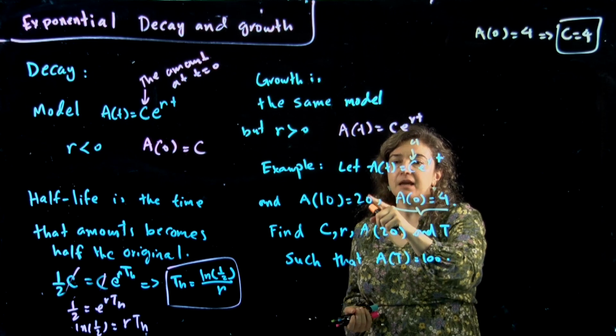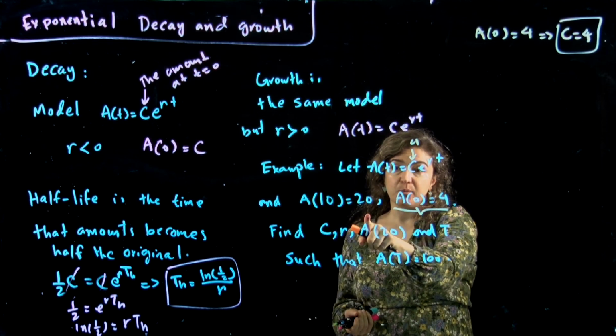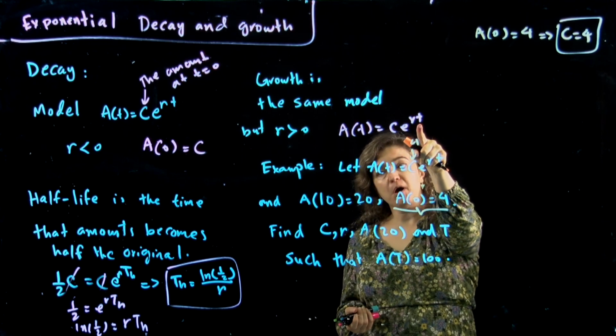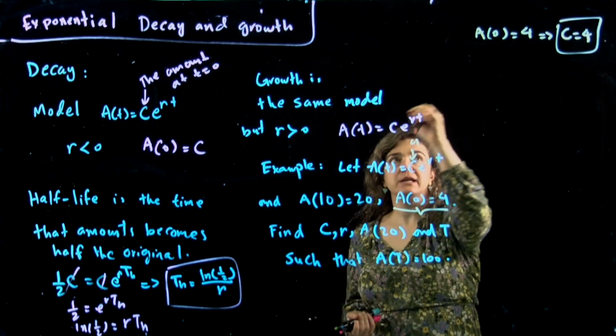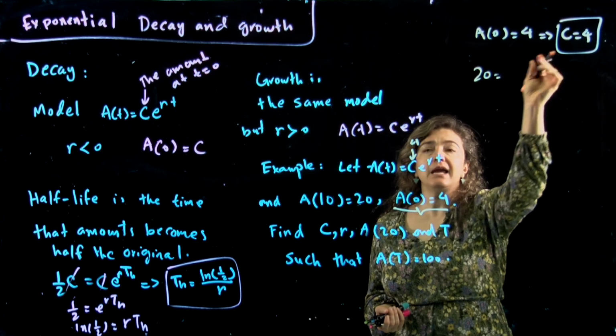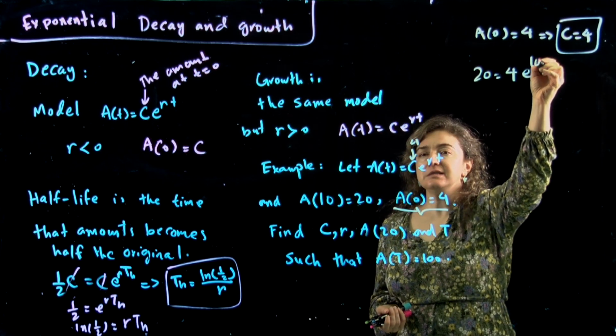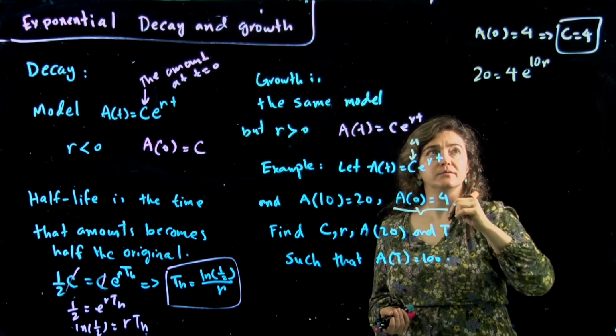The next thing, can I use this piece of information? Yes, I can plug in 10 in the model, and the output should be 20. So 20, and I know c, that's 4, e to the power 10 times r.